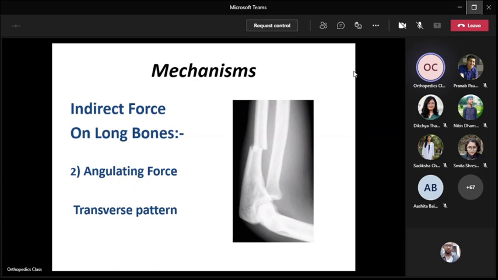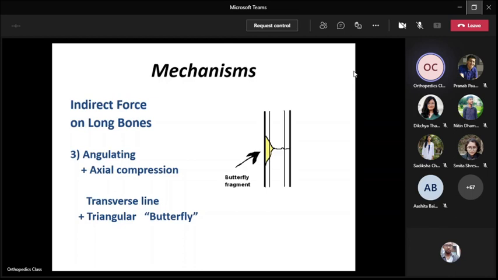These fractures take a long time to heal in comparison to the spiral fractures. Why? Because the surface area of the fracture is big in a spiral fracture in comparison to this one. So these are all important: why certain fractures heal in a certain time and others take longer. These all depend upon the fracture pattern also.